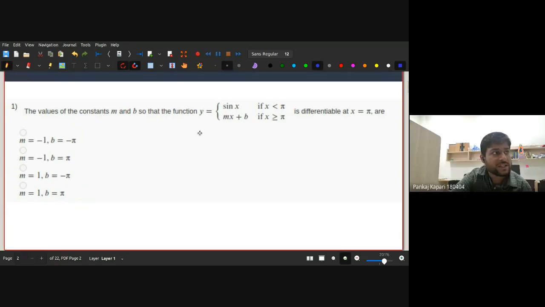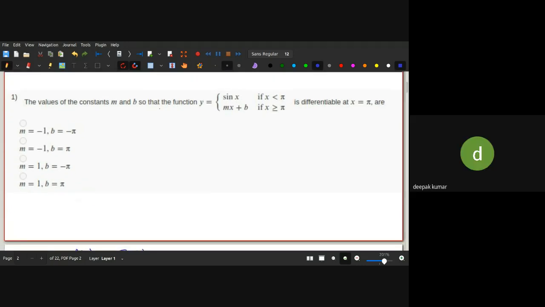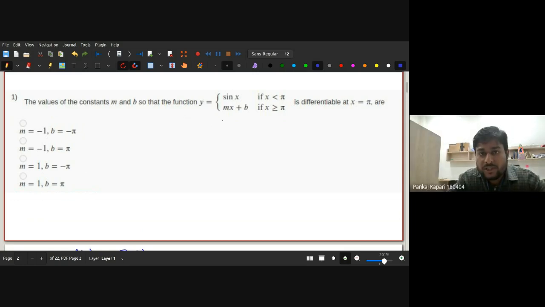Okay, so I'm discussing this problem, the first problem. In this problem, this is the given function, and you have to find the values of m and b given that the function is differentiable at x equal to pi.